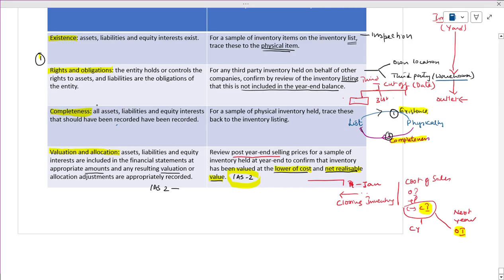Rights and obligations: anything that is with a third party should be included. Completeness is from physical back to listing. Valuation is with respect to post year end selling prices, to know whether we have applied IAS, the lower of cost or net realizable value.